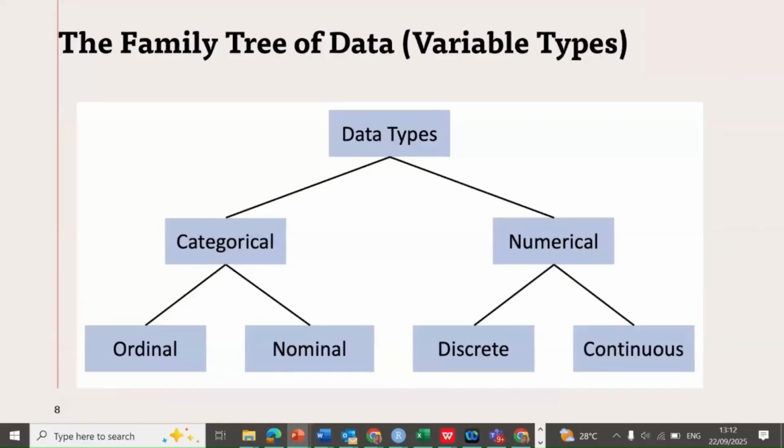So this is just a tree showing us the types of data. Again, data types are broadly classified into two: your categorical and your numerical data. Under the categorical data, we have the ordinal and the nominal. When we say ordinal, we mean categorical data that is ordered. It's arranged in order.